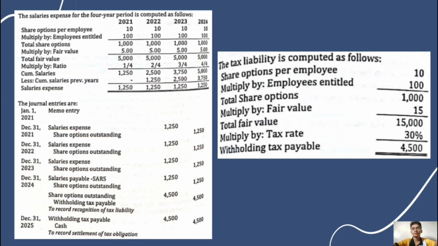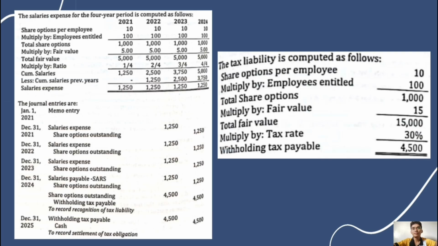And in journal entries, recognition of salaries expense 2021, 2022, 2023. Each year, the salaries expense is recorded along with a corresponding liability under share options outstanding. On December 31, 2021, salaries expense debit, share options outstanding 1,250 credit.